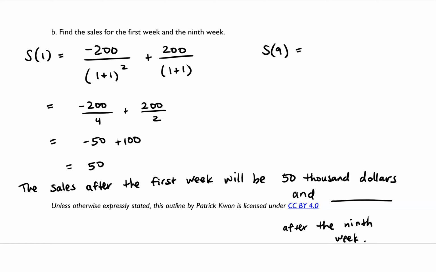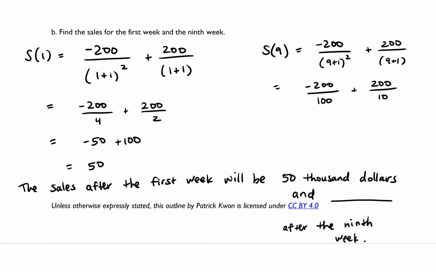So S of 9 is going to equal negative 200 over 10 squared. I kind of skipped a step, but I did 9 plus 1 squared plus 200 over 9 plus 1. So that's going to equal negative 200 over 10 squared, which is 100, plus 200 over 10.